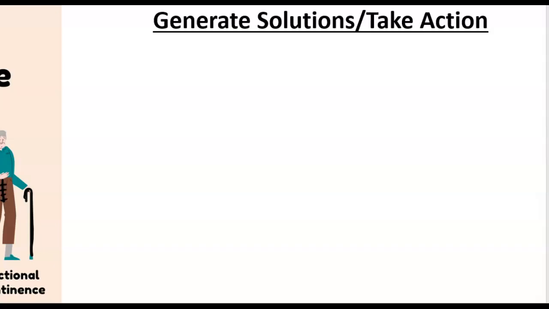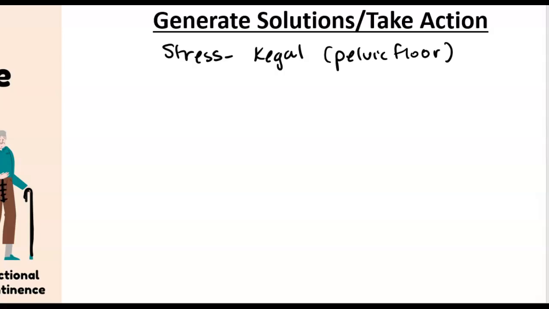Pelvic floor muscle disorder. So stress incontinence, we could do something like Kegels. Kegel exercises. All the ladies should be familiar with that if you've had a child. So that strengthens the pelvic floor, and that's a series of exercises that the person can do.